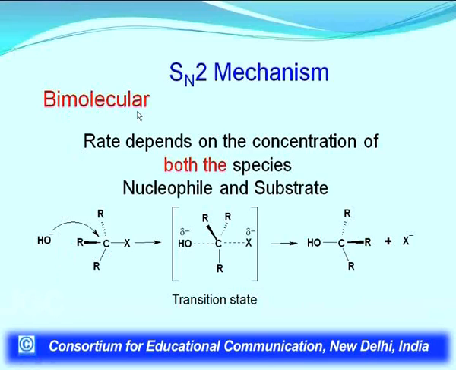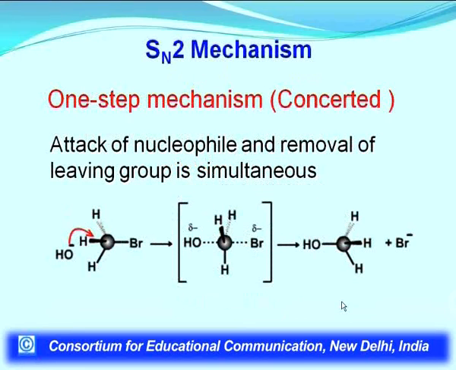So, that is why it is also called a bimolecular reaction, meaning the molecularity of this reaction is 2, and the overall order of this reaction is also 2. The same thing is represented here: this hydroxide ion is attacking this carbon, and this is leaving; the transition state is partially attached and this group is lost.